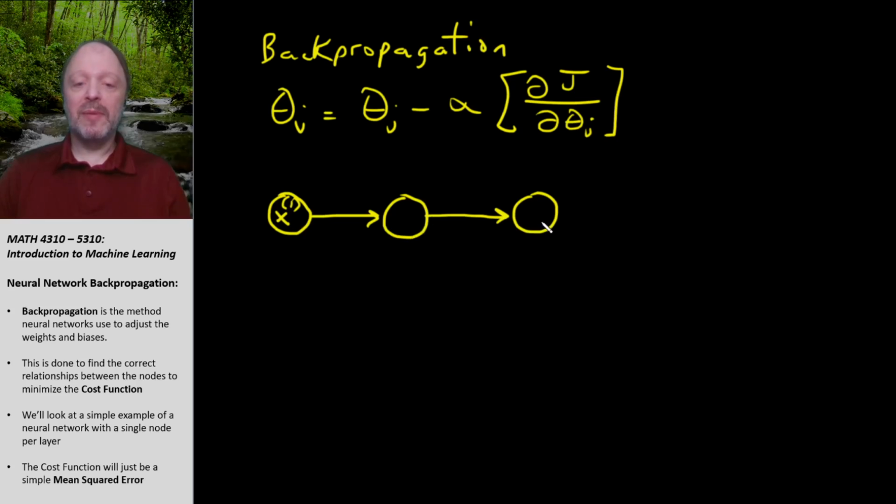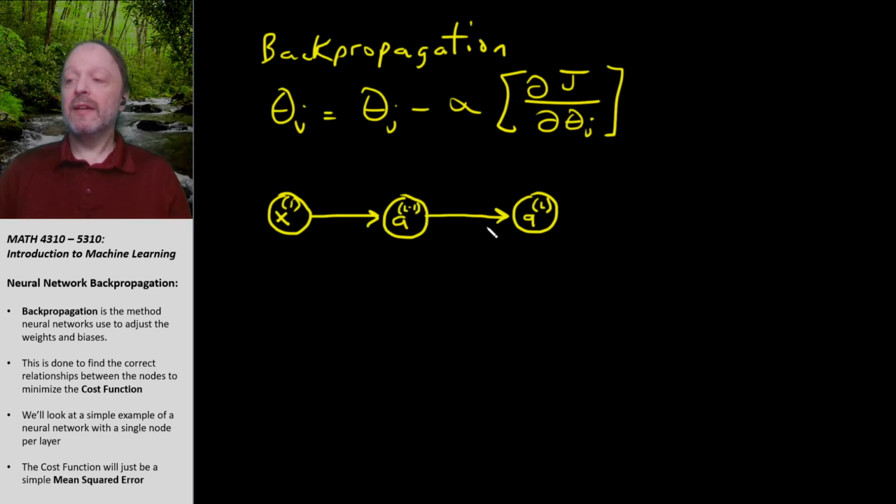And then these two are going to be activations. Now I'm going to make the last layer be layer L, and so the layer before that would be L minus 1.